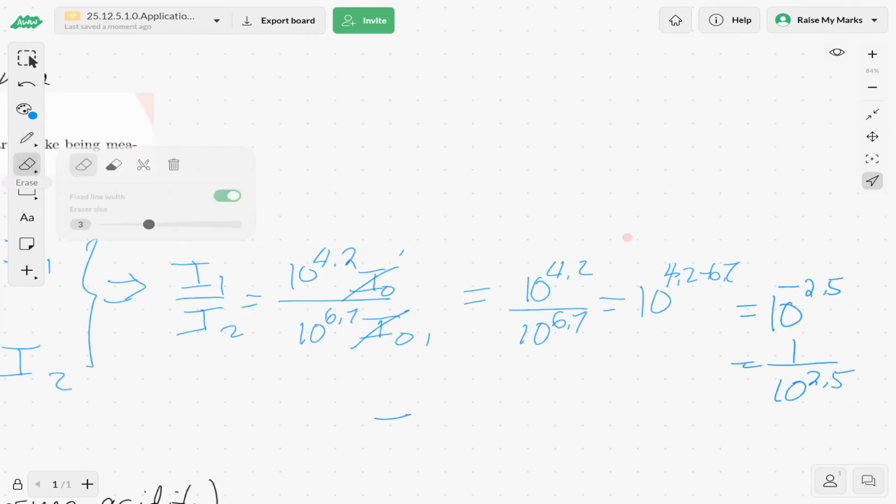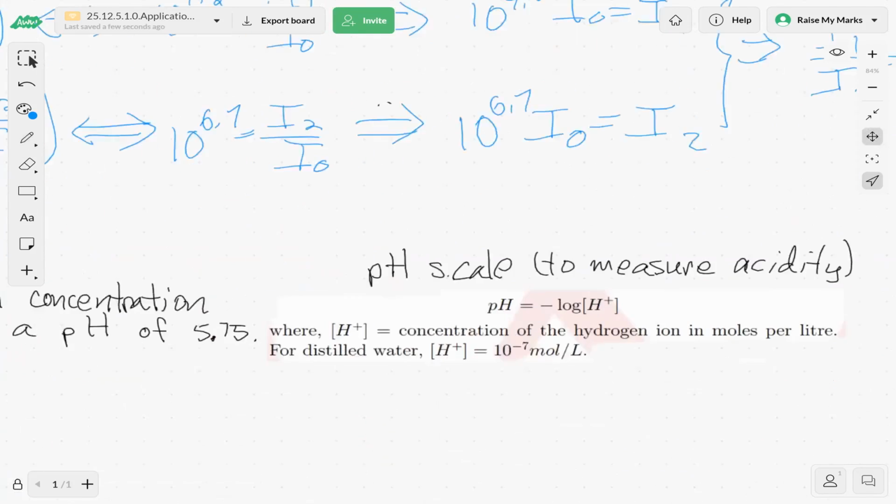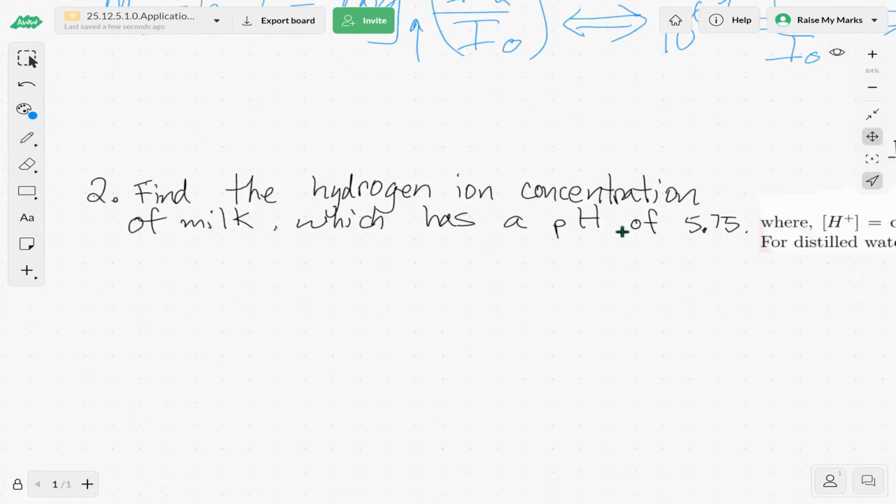Therefore, how can we write this? I2 equals 10 to the power 2.5 times the intensity of I1. Good, so we've compared the intensity of the first earthquake with the intensity of the second earthquake. Good. That's one application of the logarithm function.